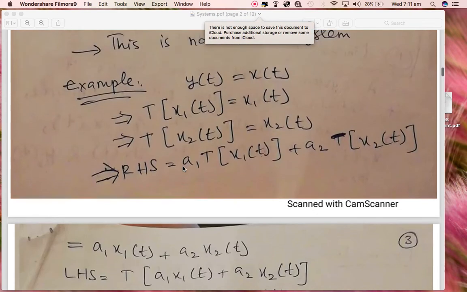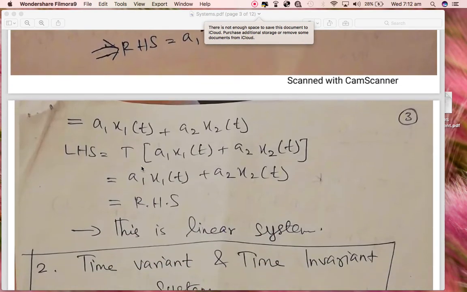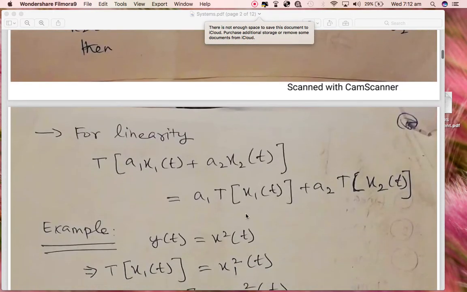This system equation is just reproducing the input on the side of the output, so when we do the transformation of this equation, it will be again this equation, and it is equal to the right hand side equation. So we can see that this system is a linear system because it is obeying this equation.